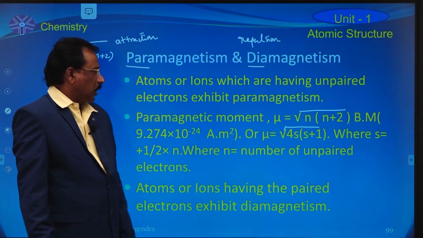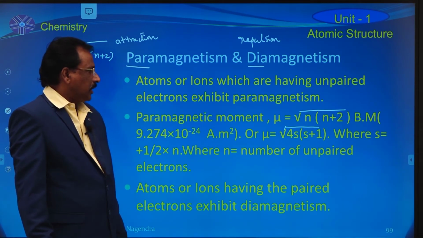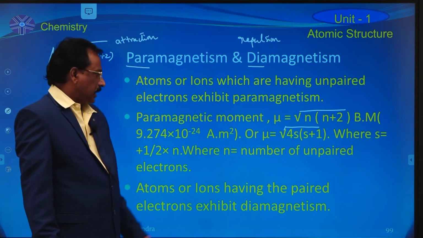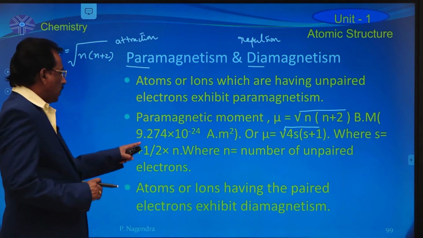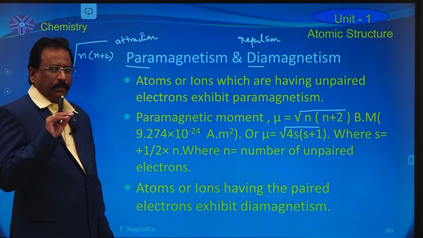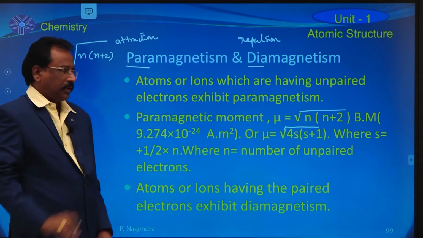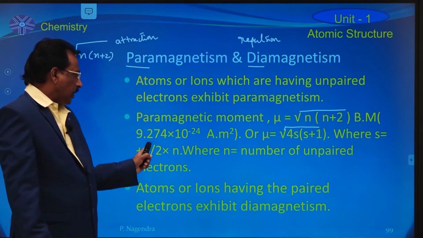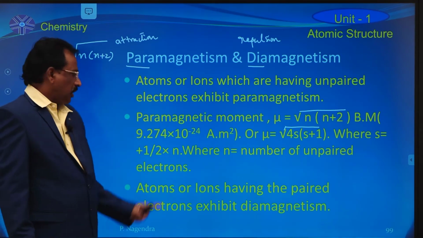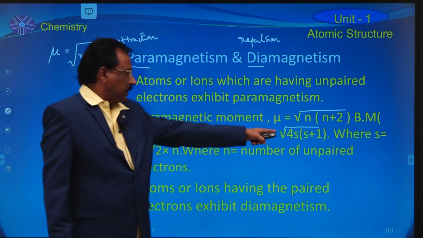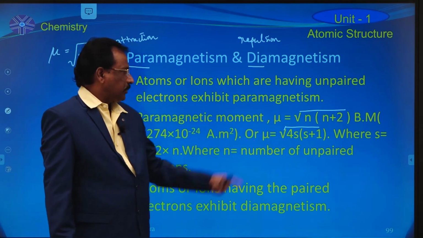In this square root of 4s into s plus 1, s is the clockwise spin. An unpaired electron always revolves around the nucleus in the clockwise direction. That's why s is plus 1 by 2 into n. Substitute this value in this expression.